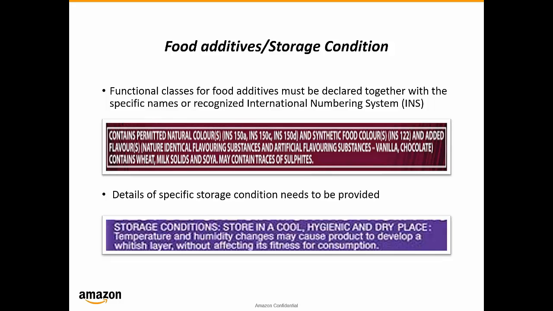There it is written store in a cool, hygienic, dry place, which says that we don't need a freezer or, let's say, chiller to store the specific product. So it's important to share this information for the consumer so that they know that this particular product has a shelf life of X if we store this product at a certain temperature. So that should be clearly written on the label.